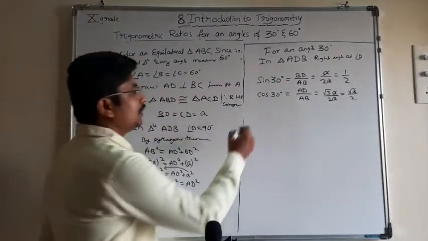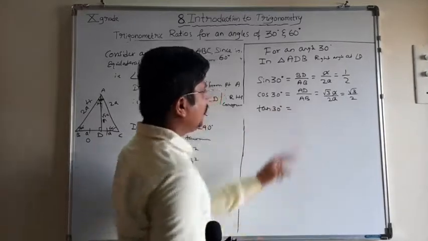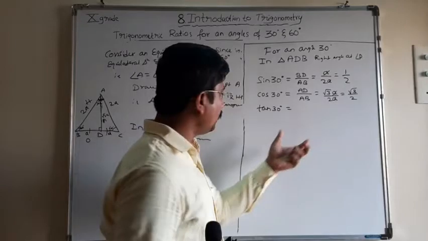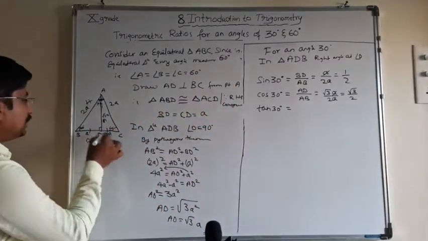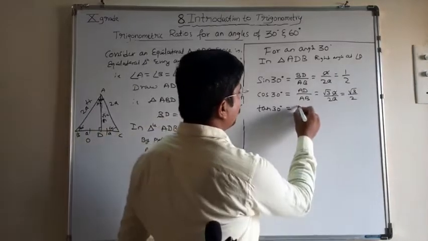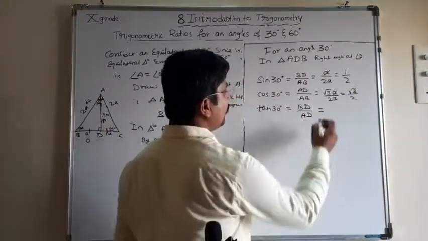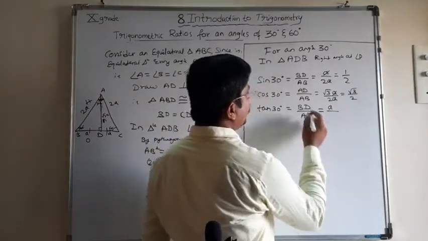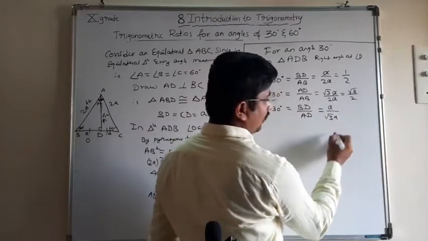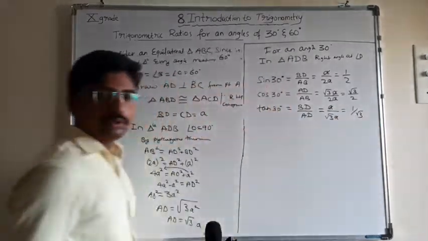Next, tan 30 degree is sin 30 degree divided by cos 30 degree, or the opposite side BD divided by the adjacent side AD. AD is root 3 a, so a gets cancelled, we are left with 1 upon root 3.